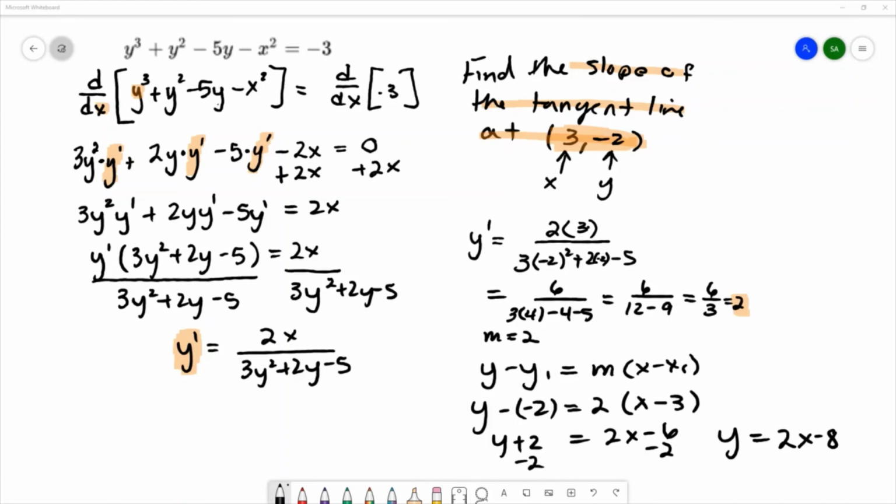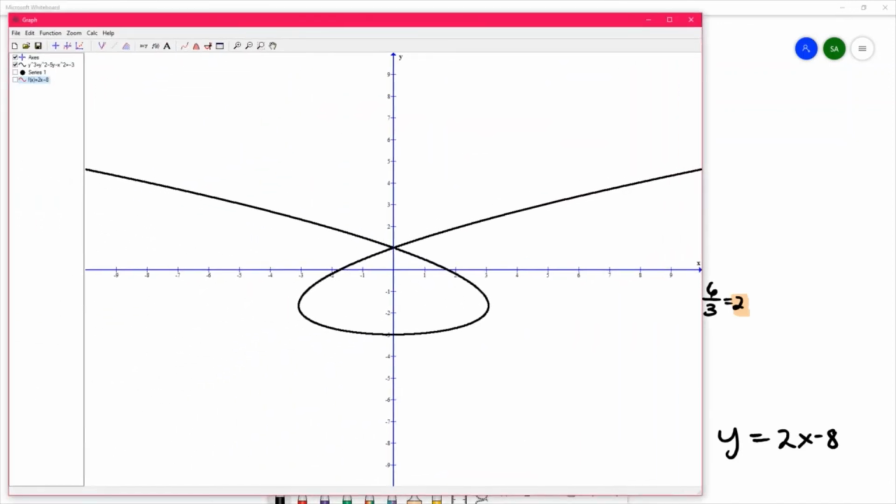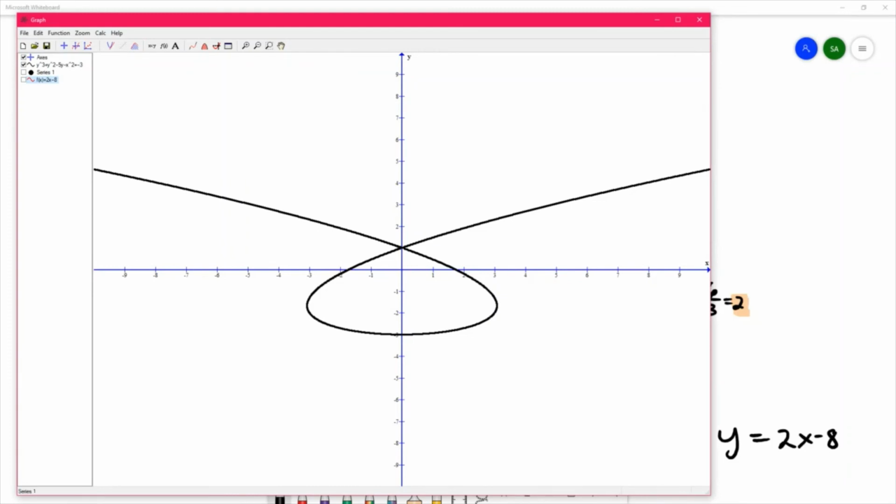So I wanted to provide a graphical representation of what we found. So I've graphed the equation that was given originally, y cubed plus y squared minus 5y minus x squared equals negative 3. And if you recall, I gave you the point 3, negative 2.